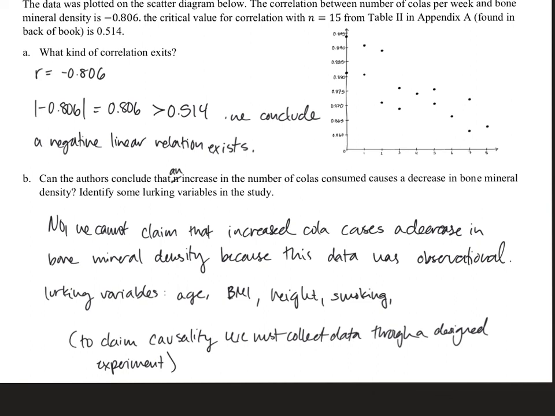Because there are all sorts of lurking variables that we didn't take into account when just observing these people. So this is an actual study, I believe, and the authors were careful to say that increased cola consumption is associated with lower bone mineral density. So we can say it was associated. We can say it is associated. But we cannot claim causality because it was not a designed experiment.